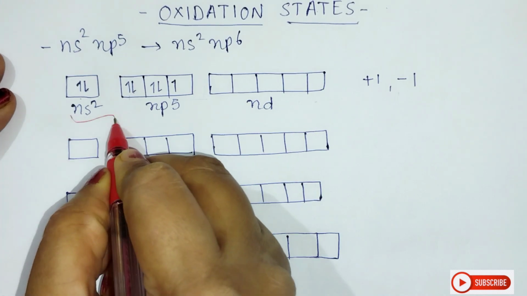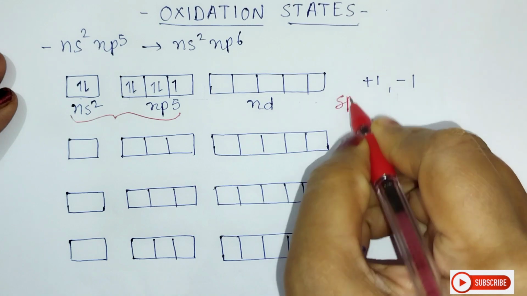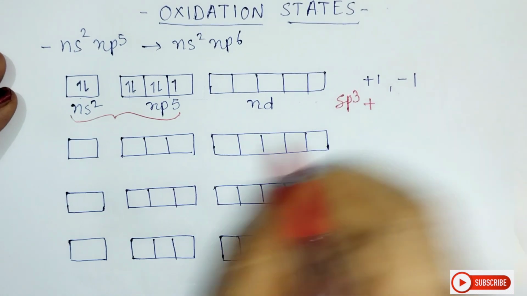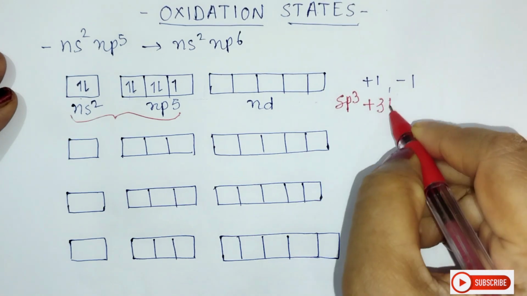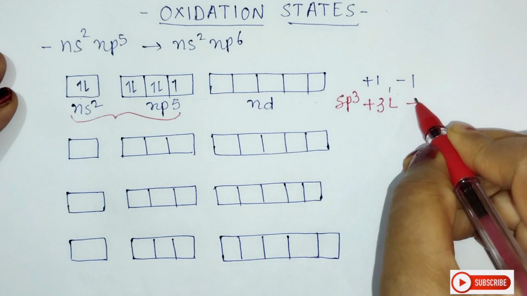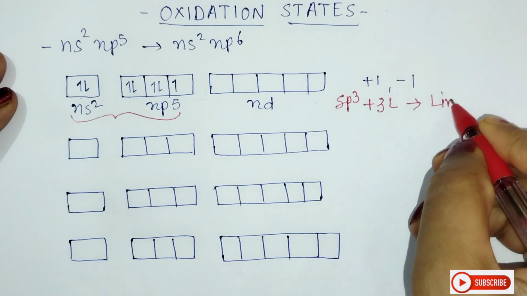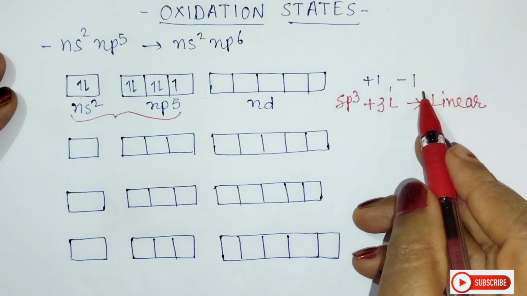This is s and 3p involved here. So it will undergo sp3 hybridization with 1, 2, 3 lone pairs, and therefore the expected geometry will be linear for a halogen that is having +1 or -1 oxidation state.